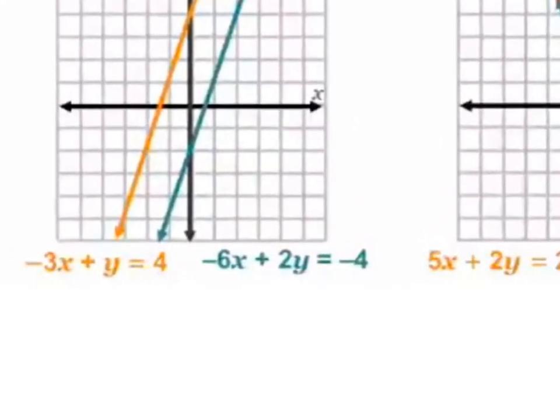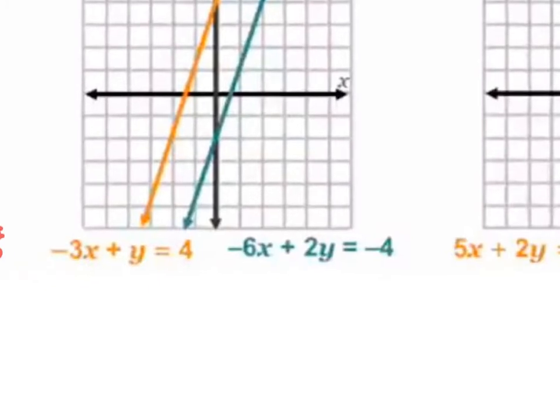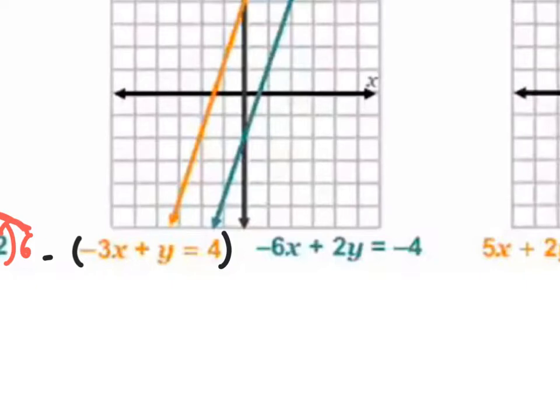So what I want to do here is multiply this entire equation by negative 2. I'm going to eliminate the x term. I'm going to distribute that into each of those, and so I'm going to get positive 6x, and then negative 2y. Oh, that's weird.